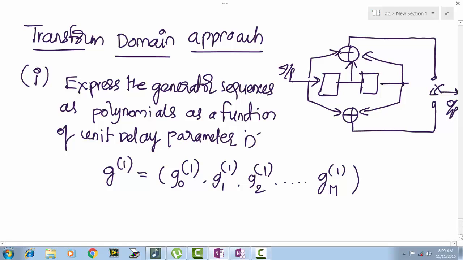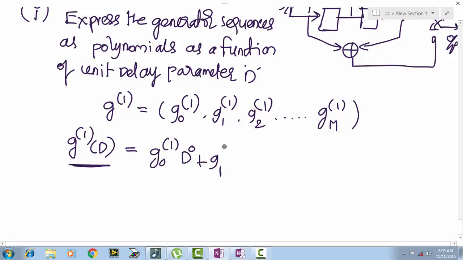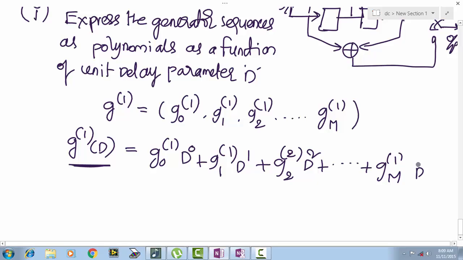Knowing this generator sequence, we need to express it as a polynomial in the unit delay parameter D. The generator polynomial for the first output is g1 of D equal to g0 of 1 D power 0, plus g1 of 1 D power 1, plus g2 of 1 D power 2, and so on, plus gm of 1 D power m.